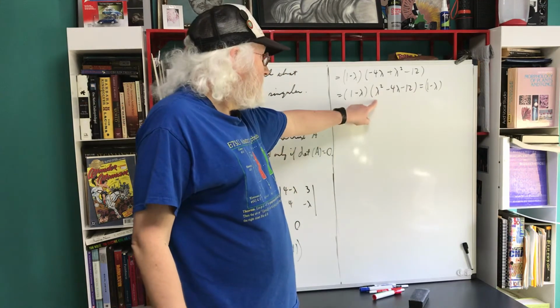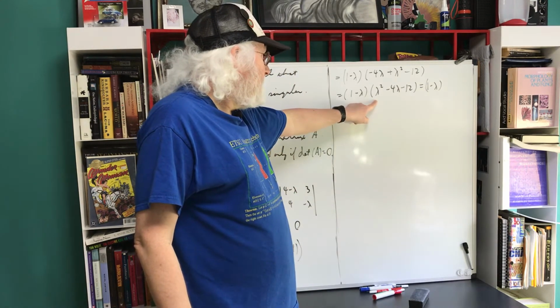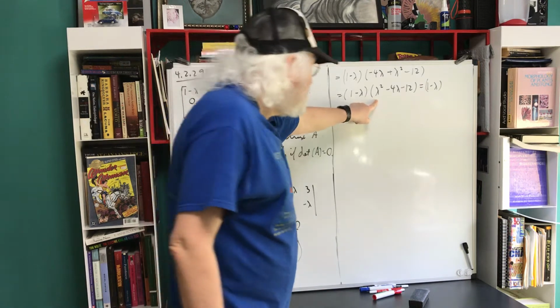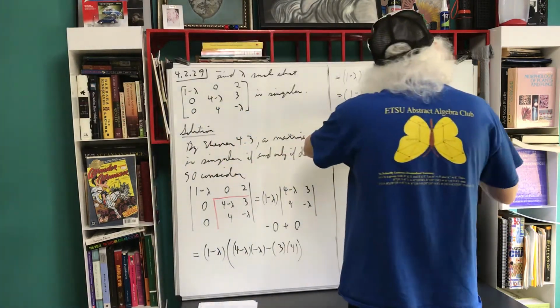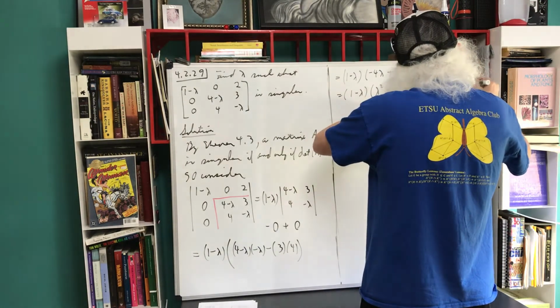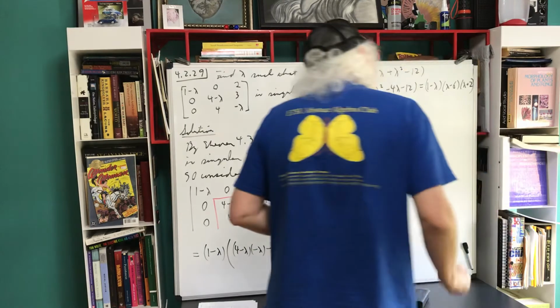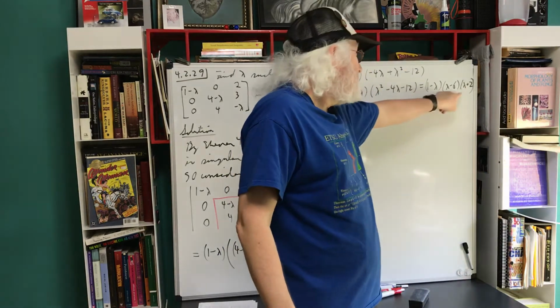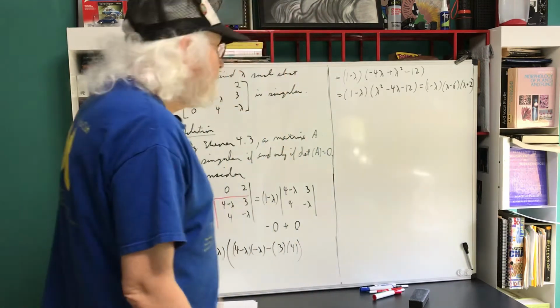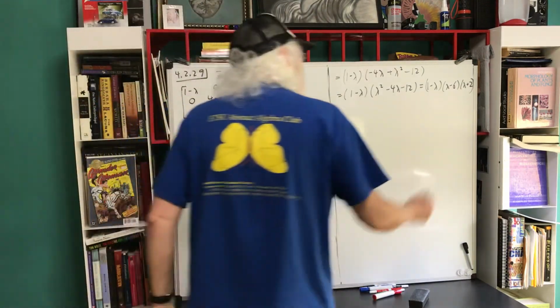So what do we need? Lambda minus 3. Nope, let's try lambda minus 6 and lambda plus 2. I'm going to give this lambda squared minus 6 lambda plus 2 lambda, minus 4 lambda minus 12. That's it.